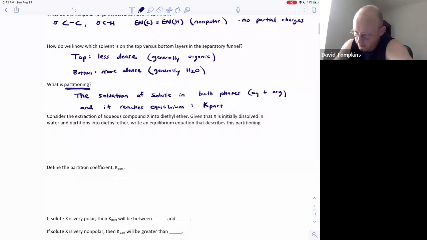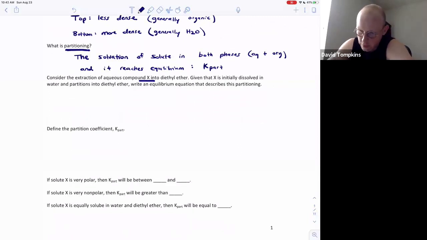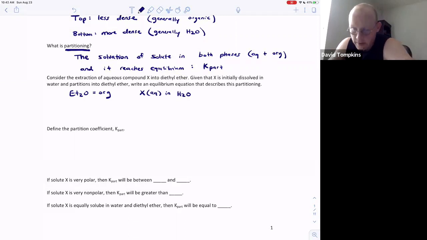So if we think about compound X and we're extracting it into diethyl ether, which is our shorthand for the organic phase, we have aqueous X, which means X is initially dissolved in water, and we add diethyl ether to that aqueous solution. Then X, which is originally aqueous, can come in contact with the organic solvent and interact with the ether molecules.